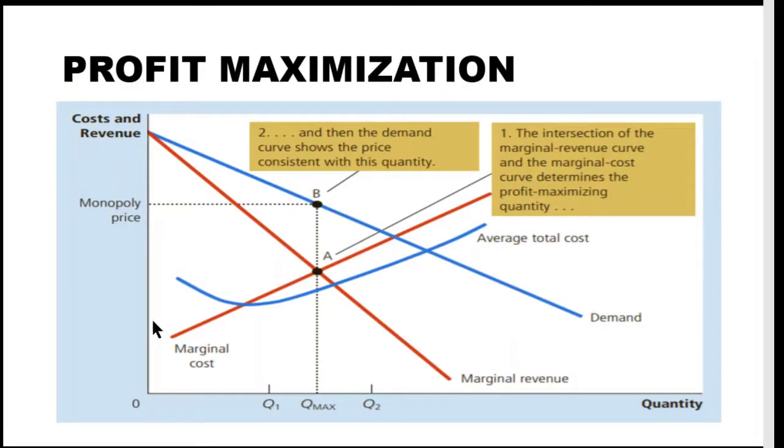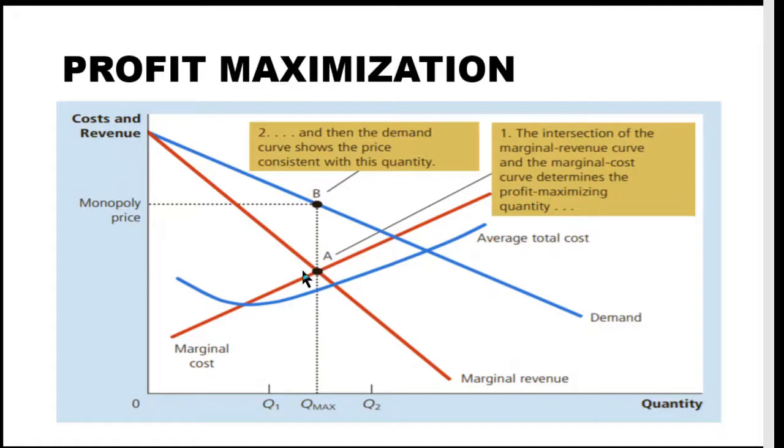So here's a graph of the profit maximization of a monopolist. This graph will tell us at what point would be the maximization. A monopoly maximizes profit by choosing the quantity at which the marginal revenue equals the marginal cost.